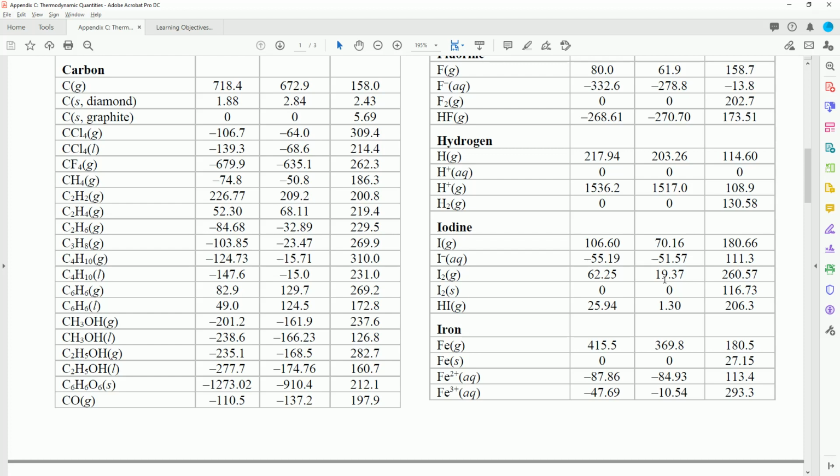So I'm going to write down that number, 19.37. And then HI is also right there, and it is 1.30 kilojoules per mole. And that number is going to be useful in helping us to solve for delta G. And with delta G, we can get the equilibrium constant K.